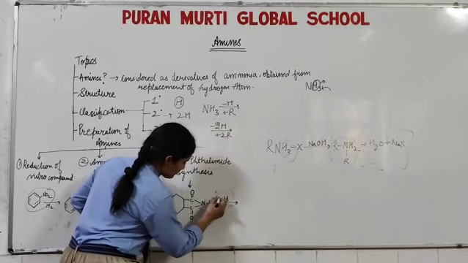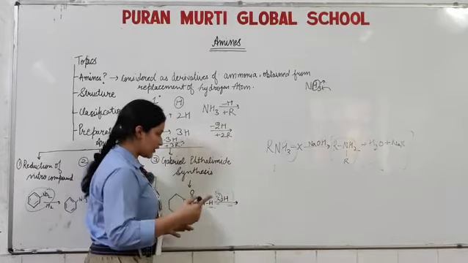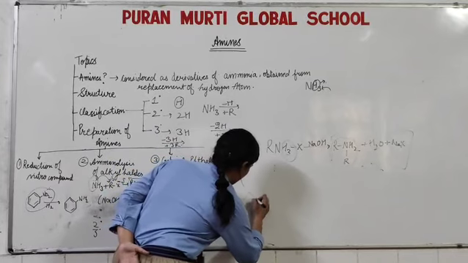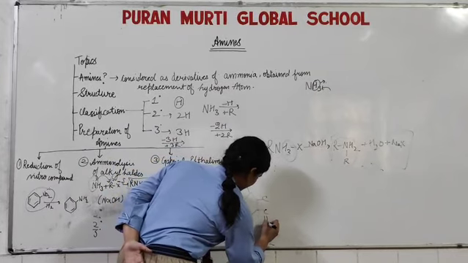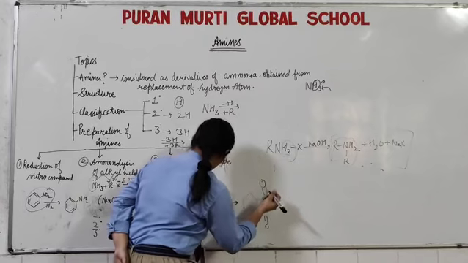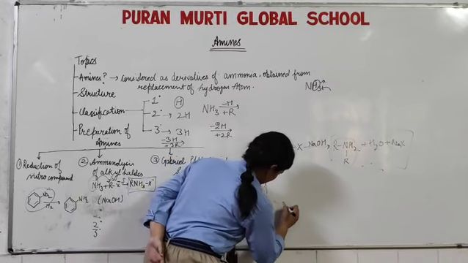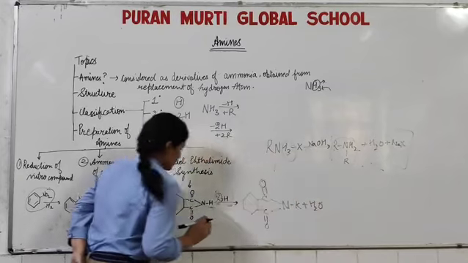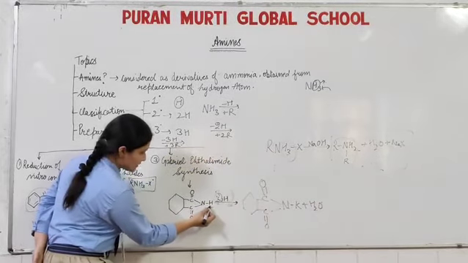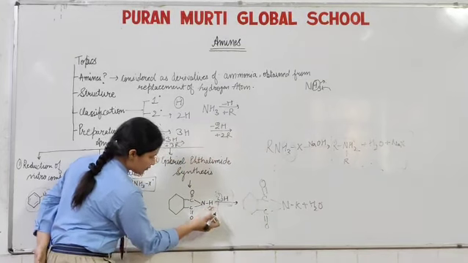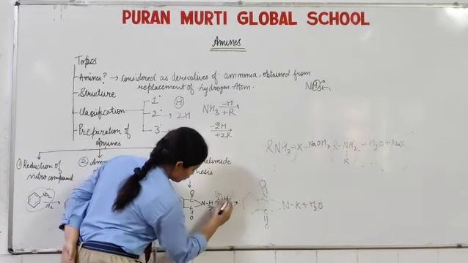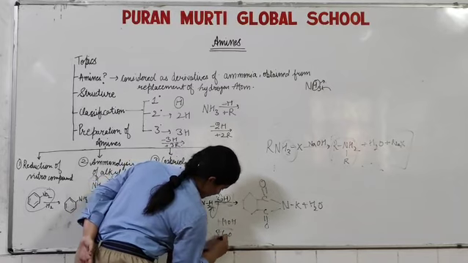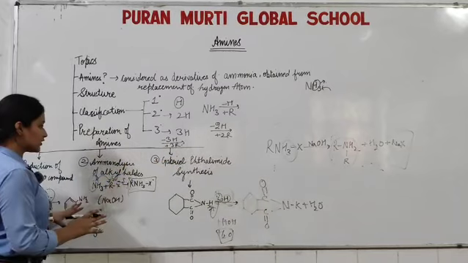The H would be replaced with K and form water, H2O. The K took the place of H, and this H plus OH gave us H2O. So this is it for the 3 reactions.